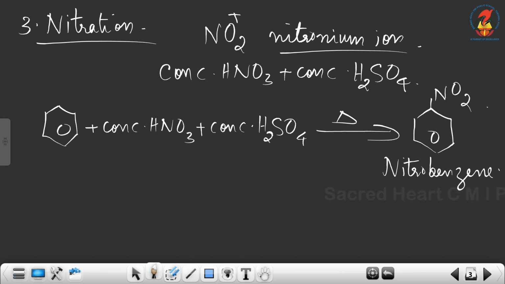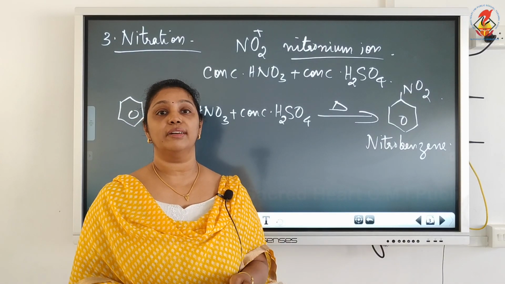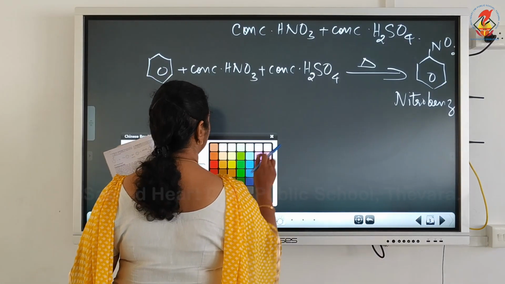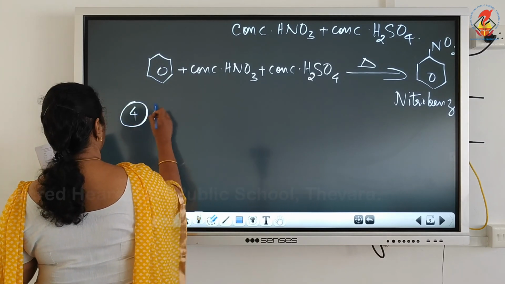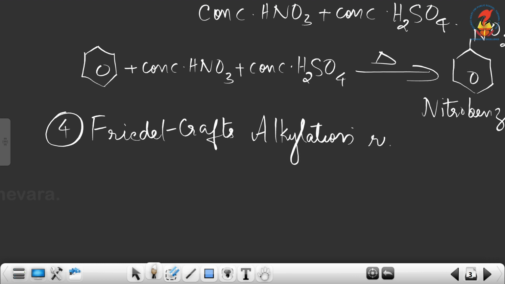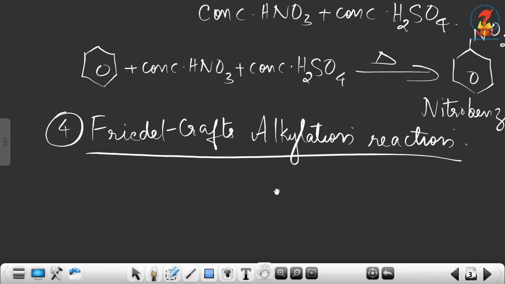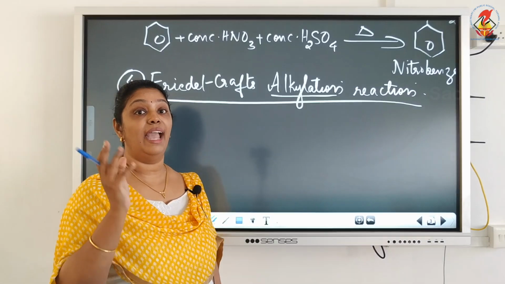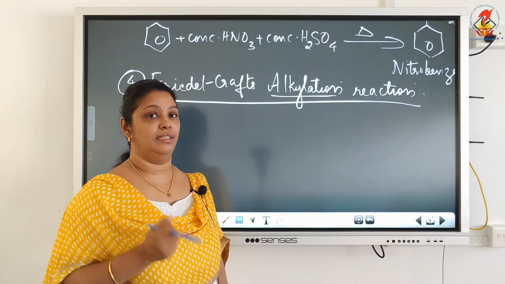Now, the fourth electrophilic substitution reaction is the Friedel-Crafts alkylation reaction. From the name itself, alkylation means the electrophile is an alkyl group carrying positive charge.